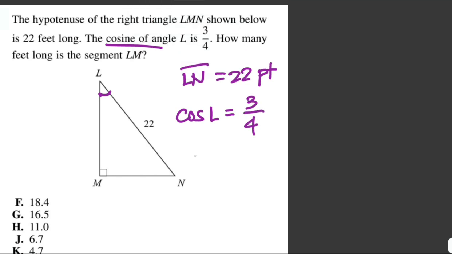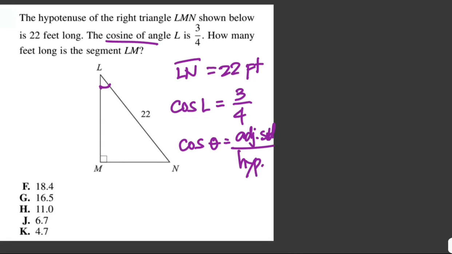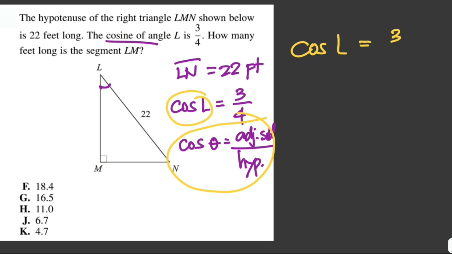And we know that the cosine of an angle is equal to the adjacent side over the hypotenuse. So we just plug in the given values here. We're already given cosine L, so cosine of angle L is equal to 3/4, and this is equivalent to adjacent side over hypotenuse.